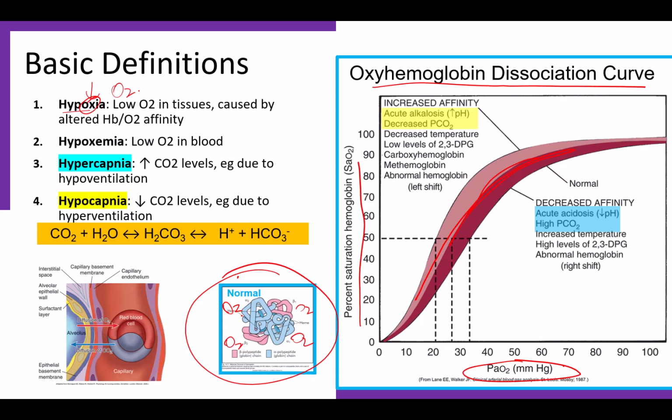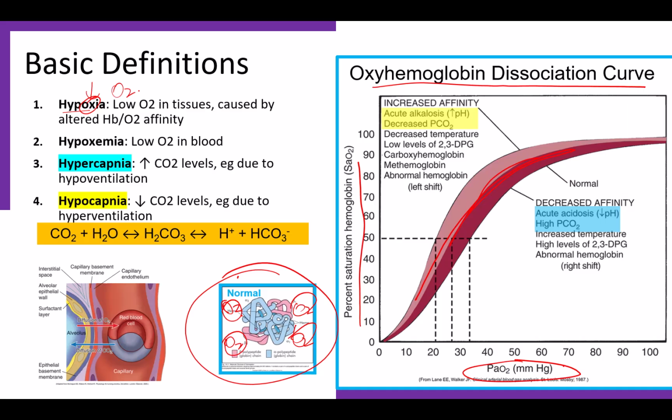So hemoglobin saturation is talking about the percentage of hemoglobin molecules that have oxygen bound to them. So 100% saturation means all the 4 possible spots on the hemoglobin molecule have got oxygen bound to them. If it's less, then you've got less than the maximum number of oxygen molecules bound to hemoglobin.